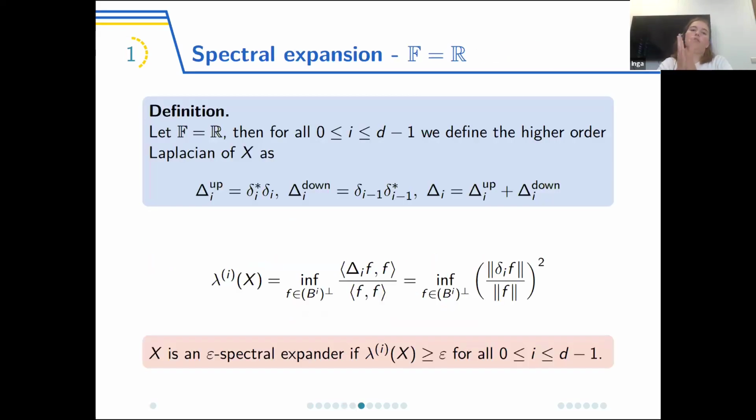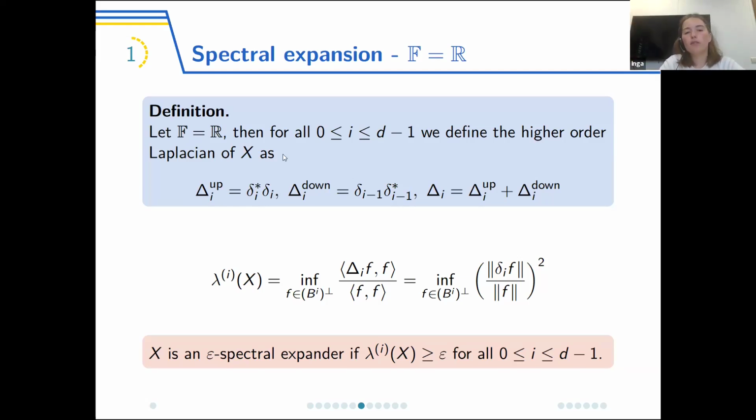Now let's have a look at what we can do in the case where we look at the real numbers. We had our inner product, so we can again look at the dual of delta as well. And here we have two different options of defining our Laplacian. We can first apply delta i to go from the i-cochains to the (i+1)-cochains, and then apply the dual of delta i to go back to the i-cochains. That's, we go up in dimension and then down again.